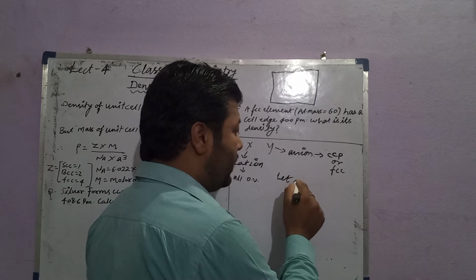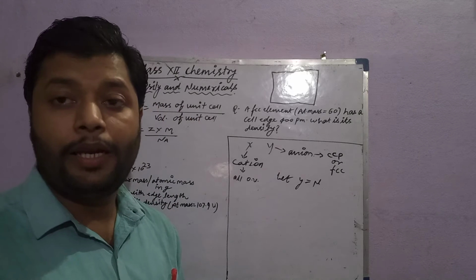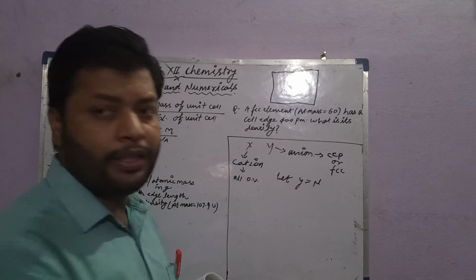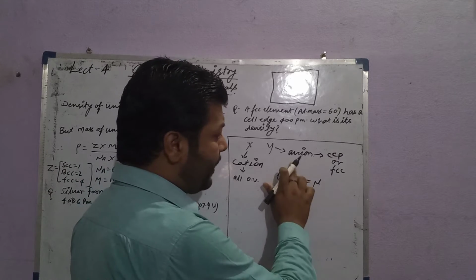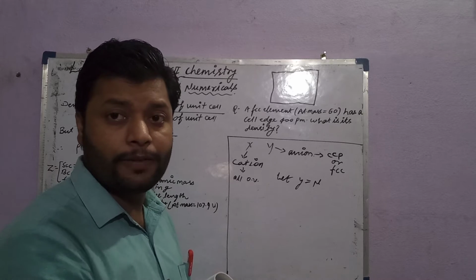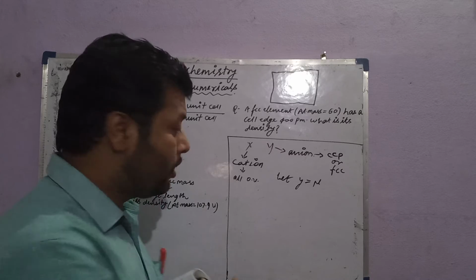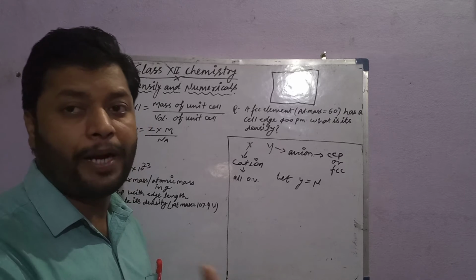How to solve? Let Y equal N, the number of particles. It means the number of particles which form CCP is equal to N, and we know that octahedral voids are equal in number to the particles.